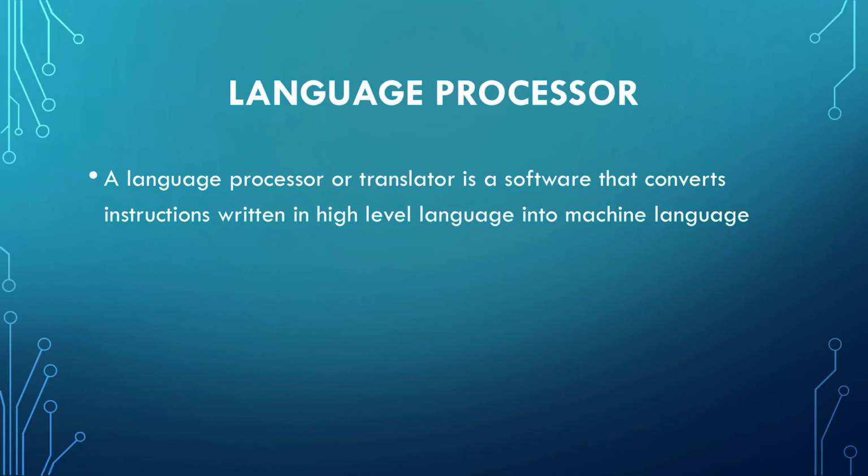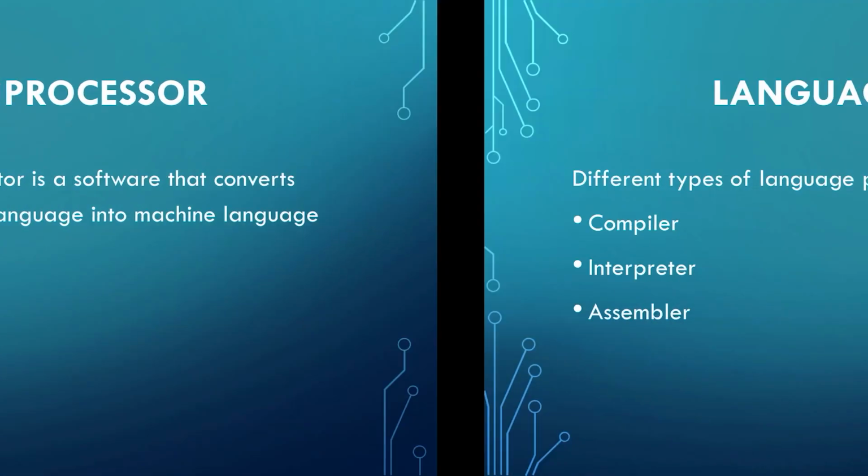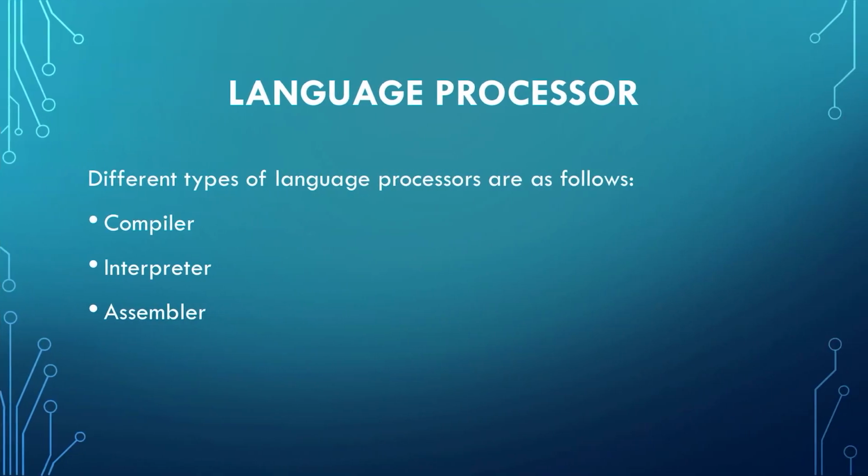So, if I talk formally, I will say that a language translator is a program that converts the source code or source program into the object code or object program. Now, let me show you some more language processors. We have compiler, interpreter, and assembler.